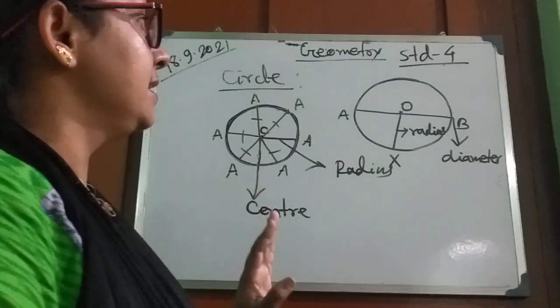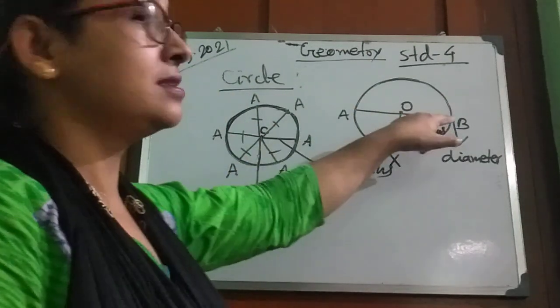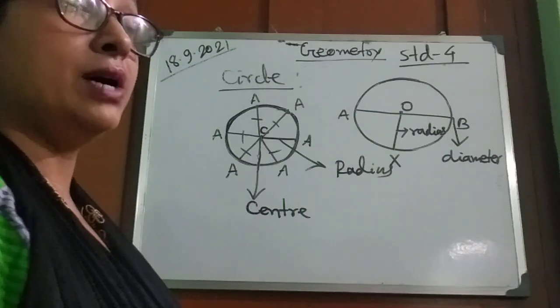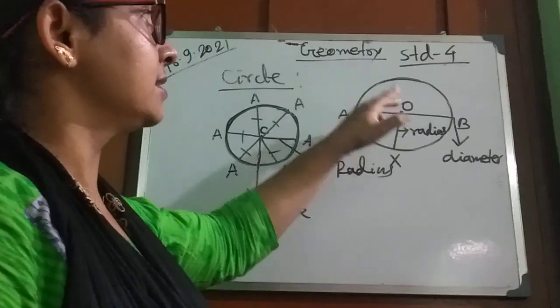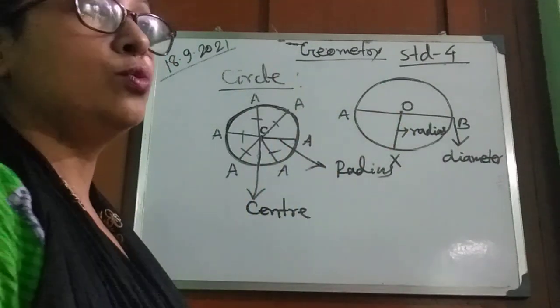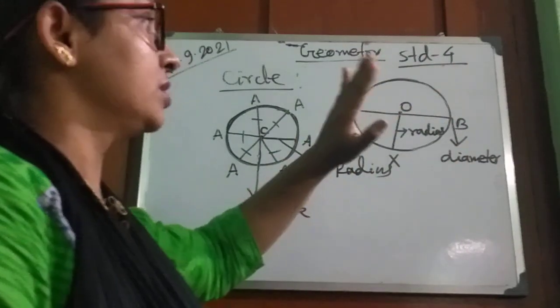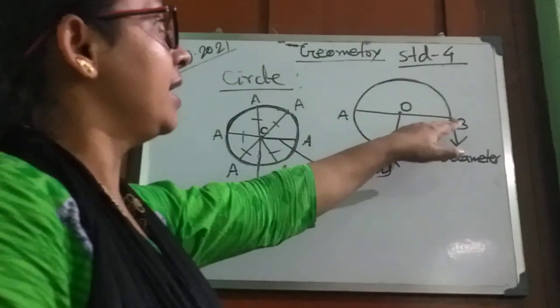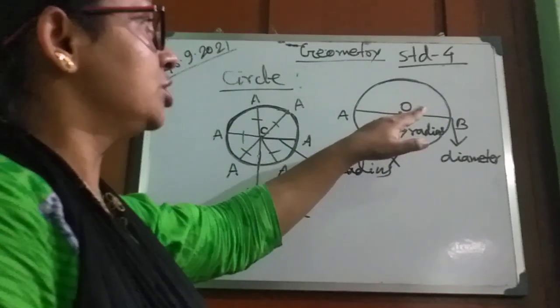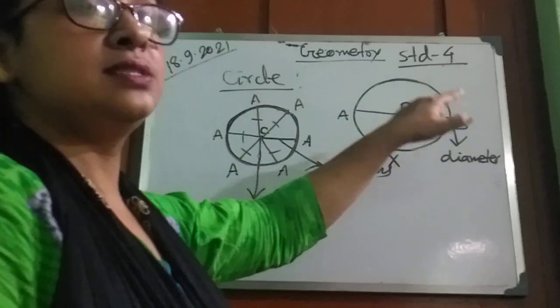And the diameter is also a line segment, passing through the center and joining any two points on the circle. Here A and B are two points on the circle, and AB joins them and passes through the center.